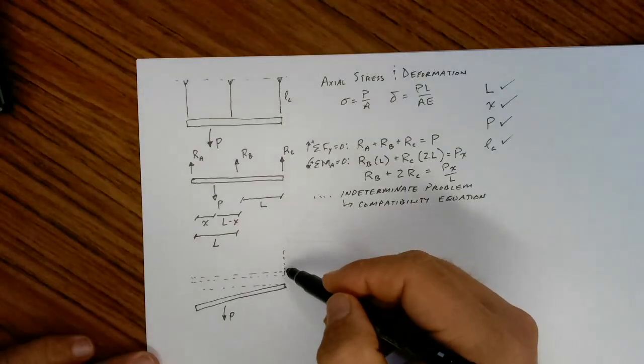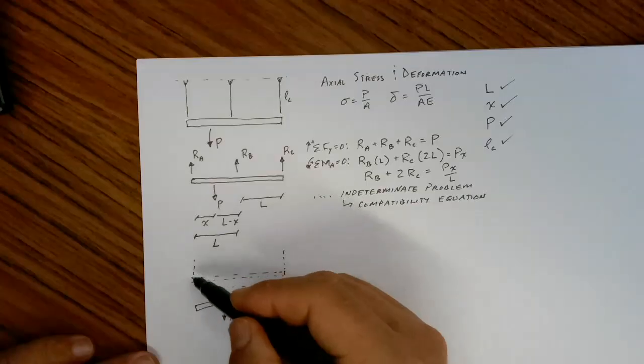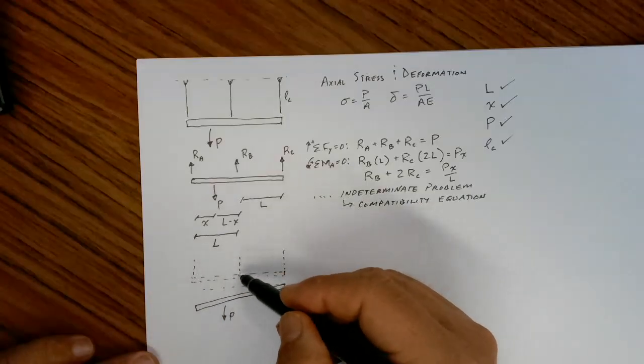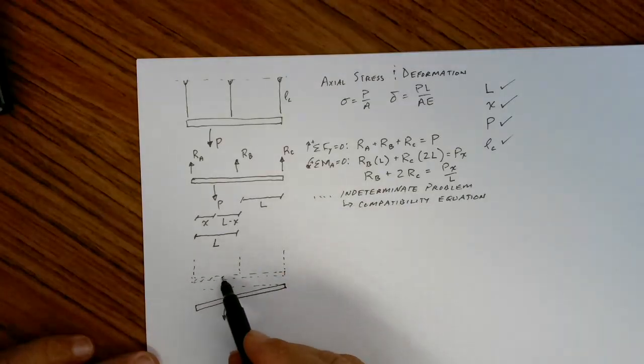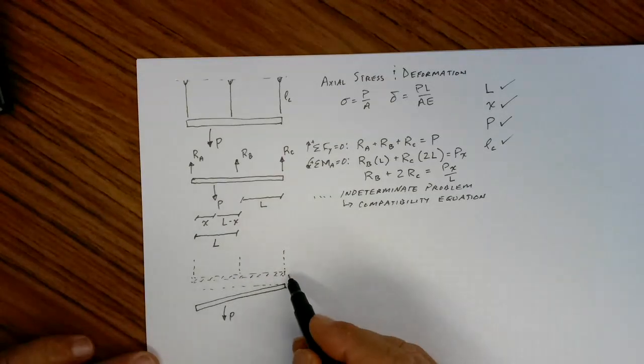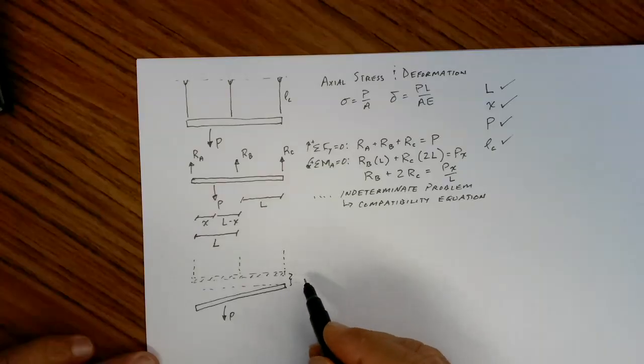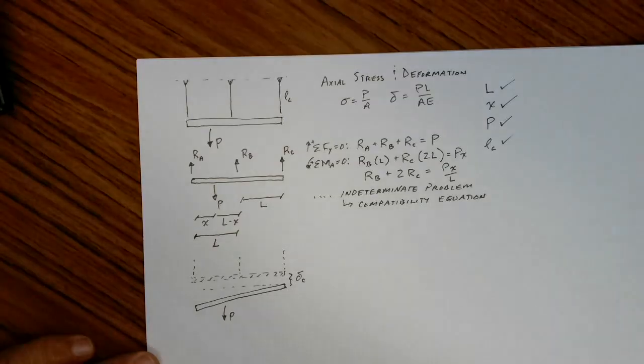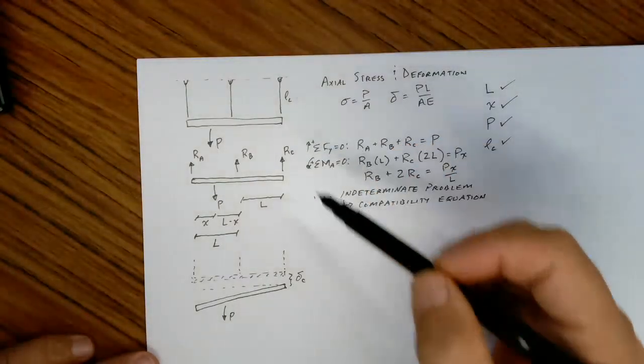And the cables were here, like this. Original position. And so we see right here, we have a deformation of cable C. Right, so this is the length of the cables.